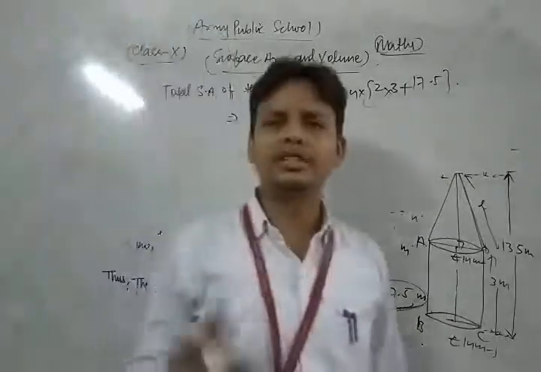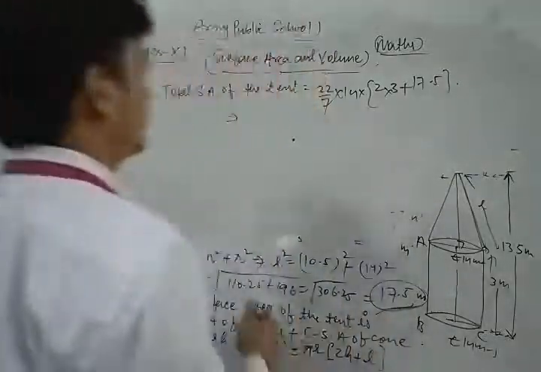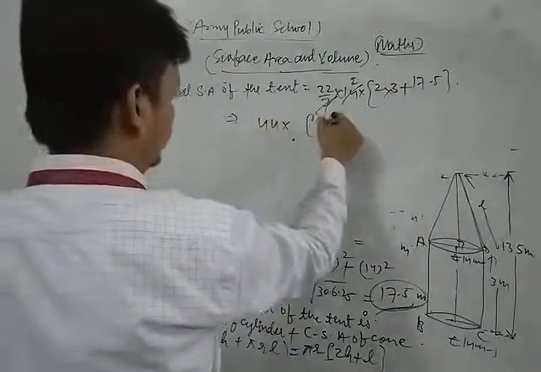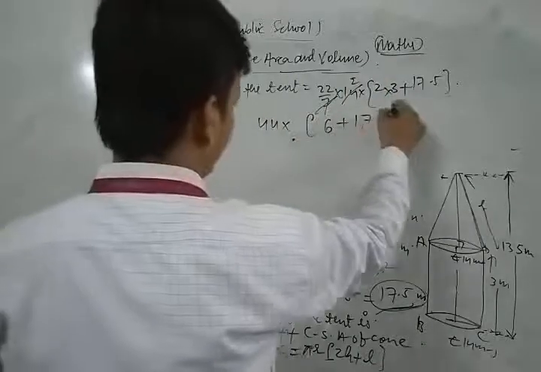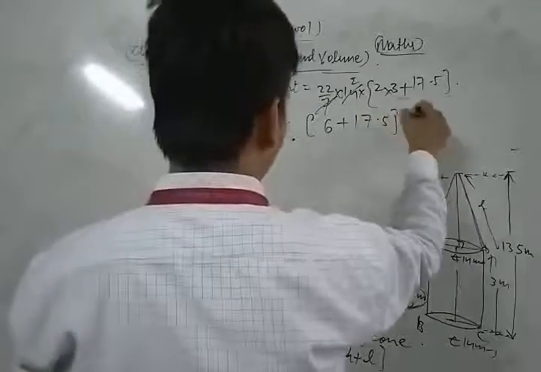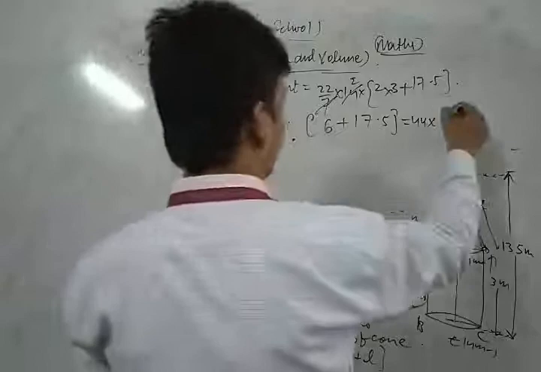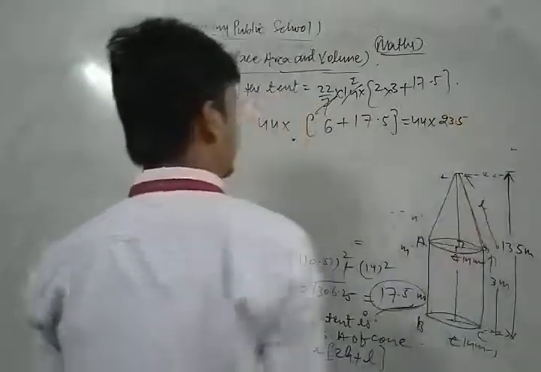Now we simplify them. 22 upon 7 into 14 is 44, into 6 plus 17.5, so we get 44 into 23.5.